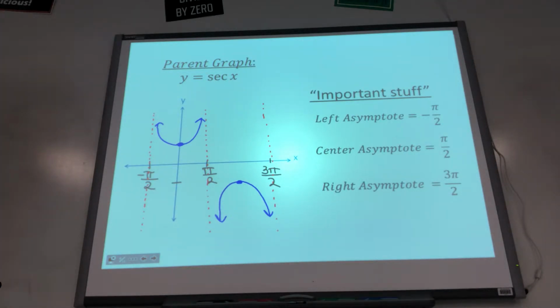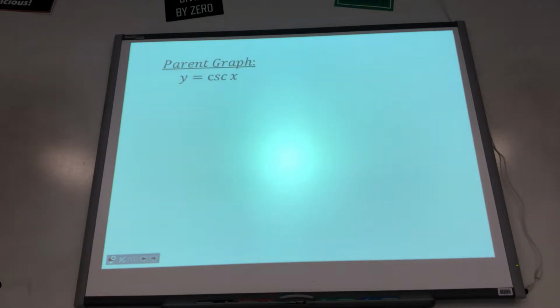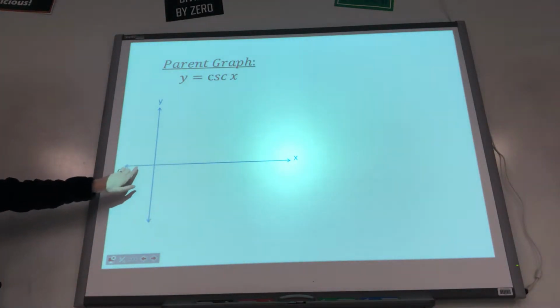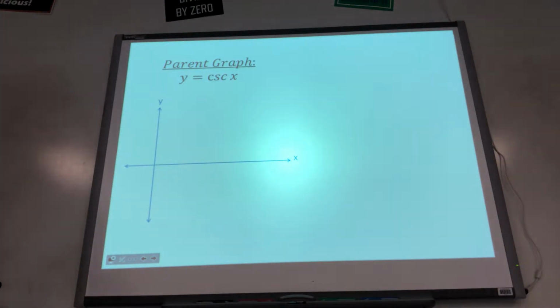Okie doke. I'm going to next give you the graph and the important stuff for cosecant. So this says y equals cosecant of x. Now, for the coordinate plane on this one, we're not going to have anything to label on the left. It's all going to be pretty much on the right side. So that's kind of different than secant.